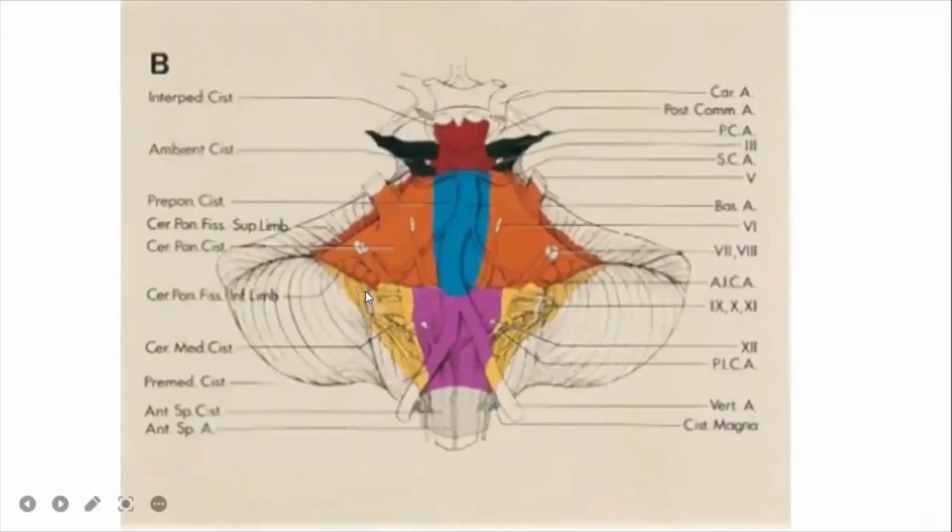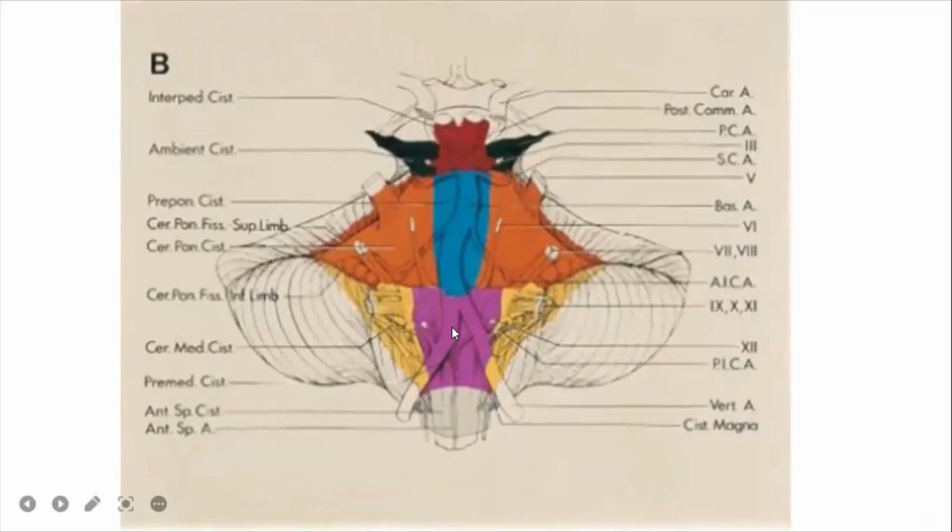This is the anterior view, in which the arterial as well as the nerve structures passing in these cisterns are easily visualized. As we can see in this pink-colored area, which is the premedullary cistern, the two vertebral arteries ascend upwards.